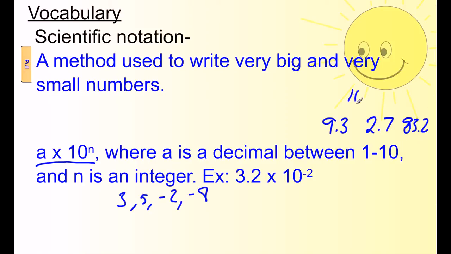So even if you had a 10.3, that's no good, or a 0.2, that's no good. In this case, the 0 doesn't count as one of the digits in front of the decimal. You need a non-zero digit in front.